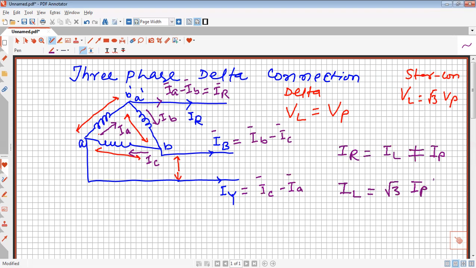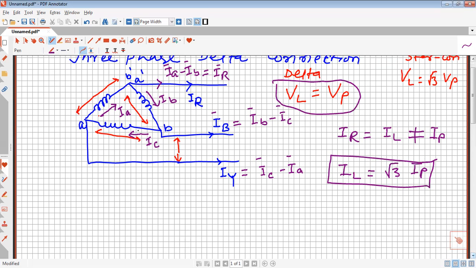This is the relation which we have to derive for the delta connection. So in delta connection, line voltage is equal to phase voltage, and line current is equal to root 3 times phase current.